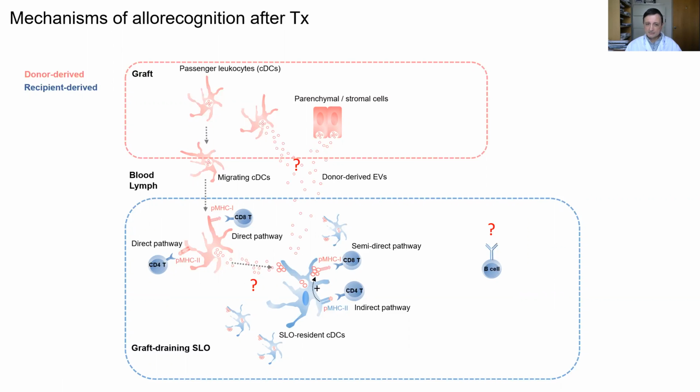But there's a problem. Even if we inhibit the migration of the donor leukocytes from the graft, we can still generate graft rejection. So in recent years, there is some work on the release of cellular material from the graft in the form of small vesicles that transport the donor antigens from the graft to the lymph node or spleen of the recipient.